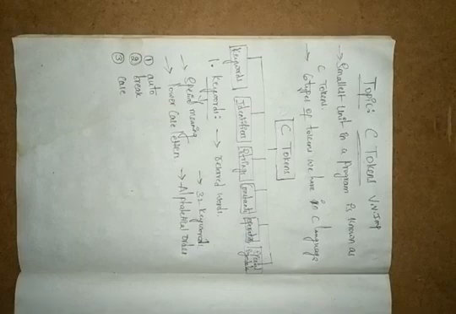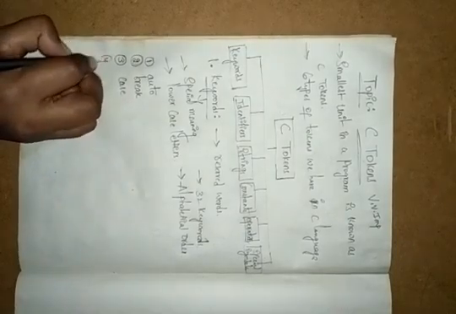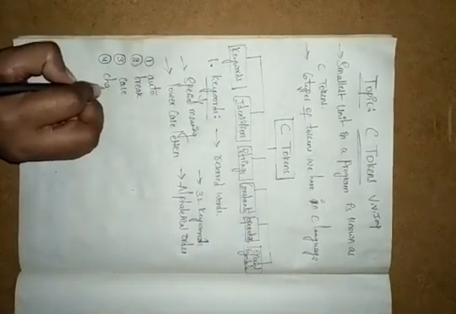And next we have the fourth one, char. Char means character data type. Yes, it is a keyword, but we can also call it a data type. Char is the character data type, with a length of 1 byte of memory.